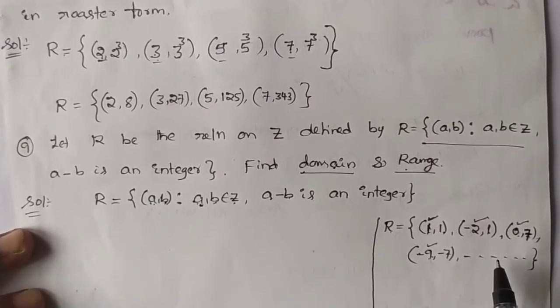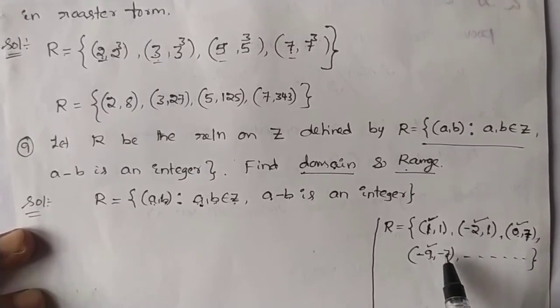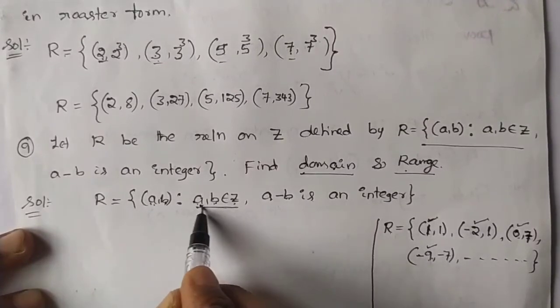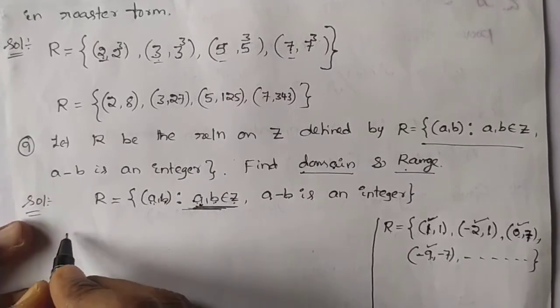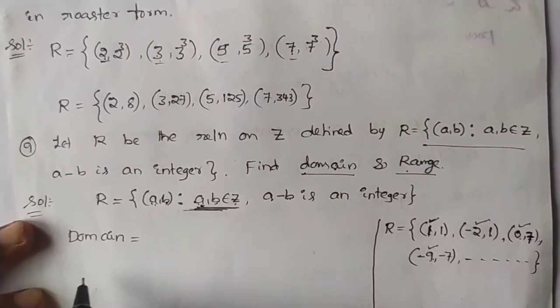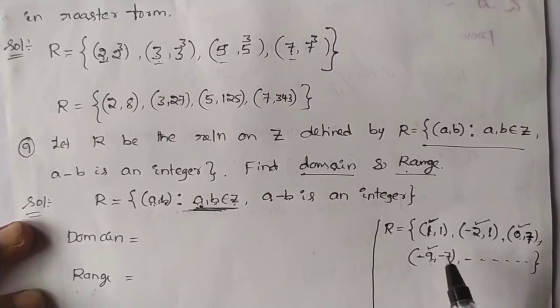All these numbers which come under the domain, what do we call those numbers? Here we have a, b belongs to Z. Here a, b belongs to Z is nothing but domain. And range is what? You just observe.